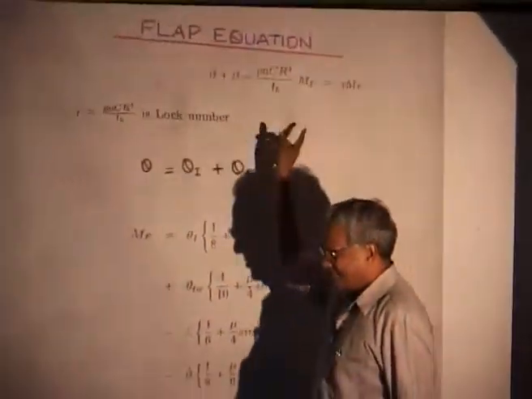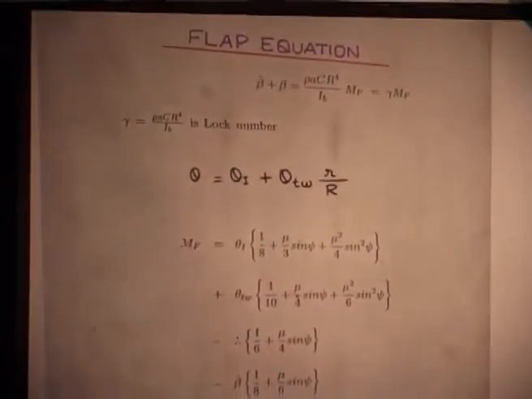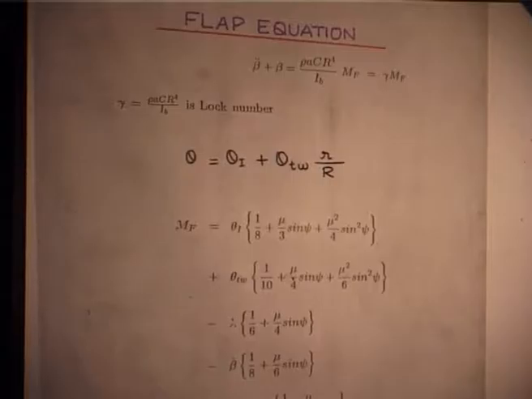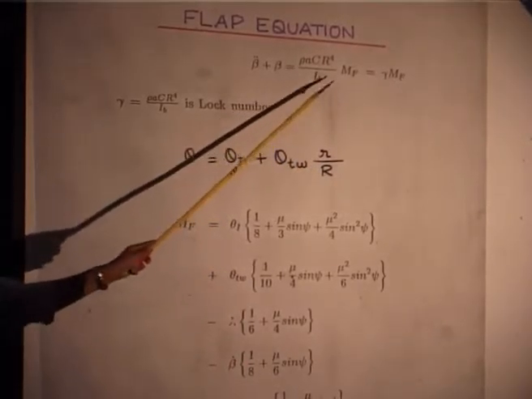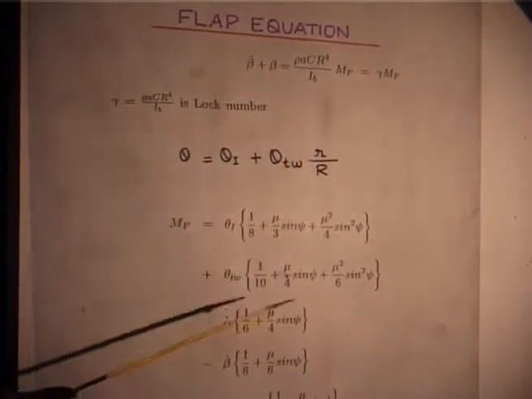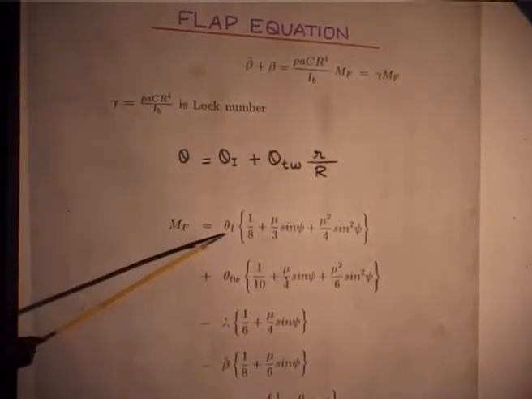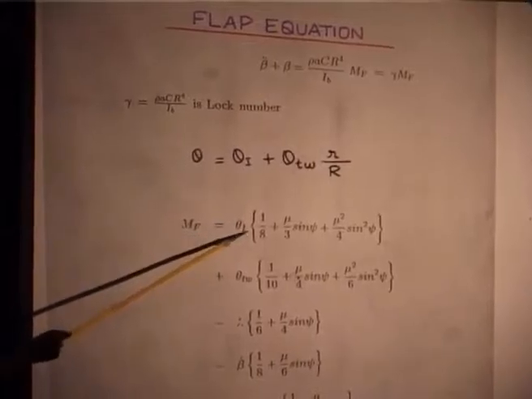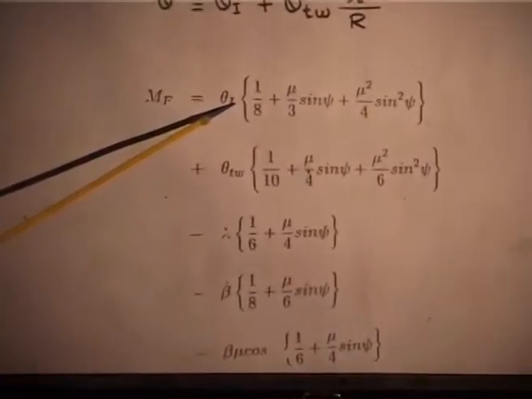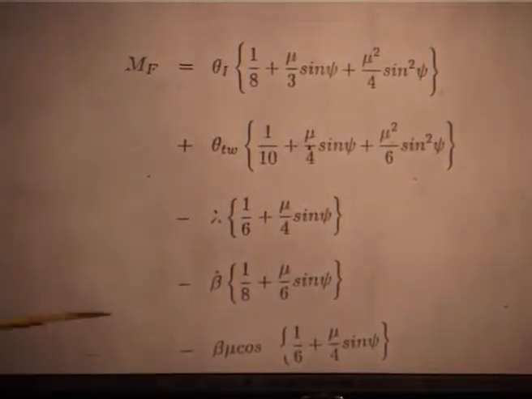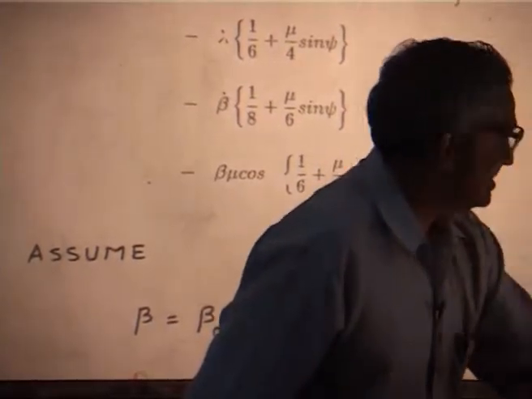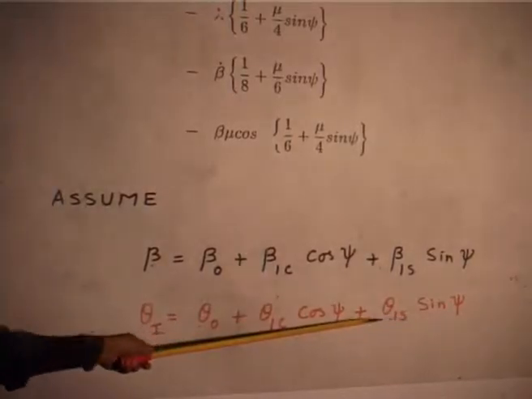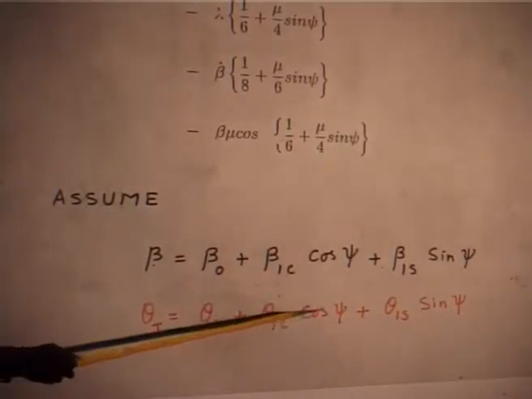See, this is my equation of motion, and M F I have written below, that moment due to flap, and of course Lock number is here, input is theta I. Theta I is shown as theta naught plus theta 1c plus theta 1s, this is a non-dimensional time.